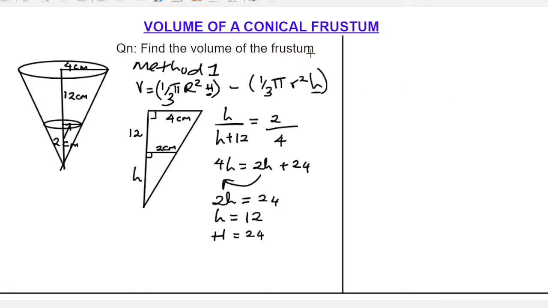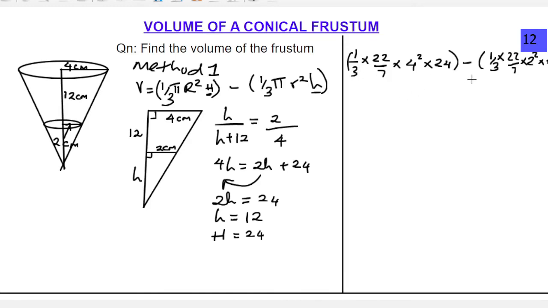Next is to put the information in the formula given. So a third, let me use 22 over 7 as pi. You can use the calculator pi. So 22 over 7 times 4 squared multiplied by 24. Now I'm going to subtract a third multiplied by pi again, now 2 squared times 12.